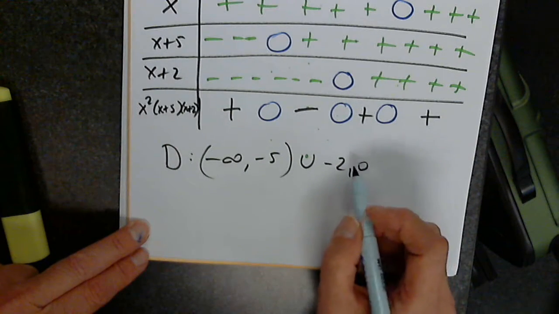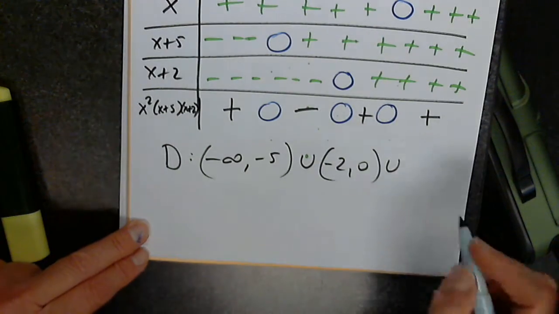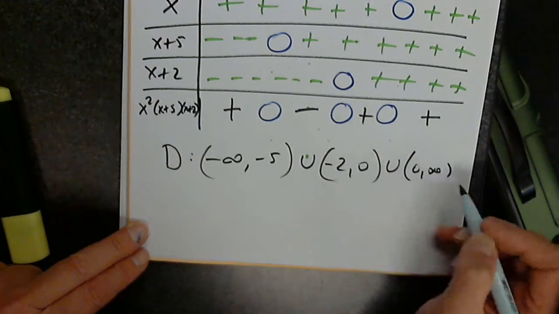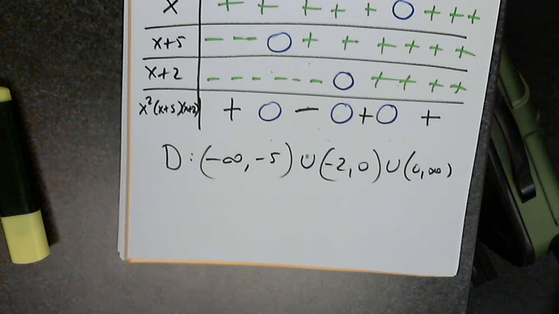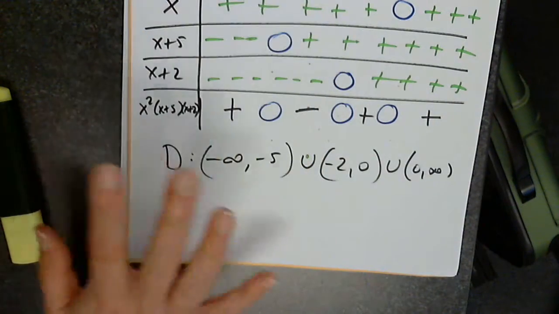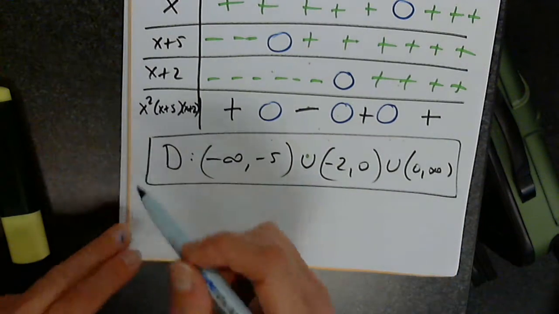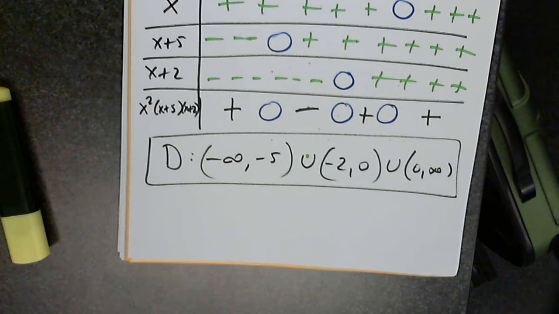Parentheses or brackets. Union. And then 0 to infinity. You understand that we had to exclude the 0, right? Because at 0, this would have been equal to 0, and that is not allowed. Very good. All this work was done just to find the domain of this function.